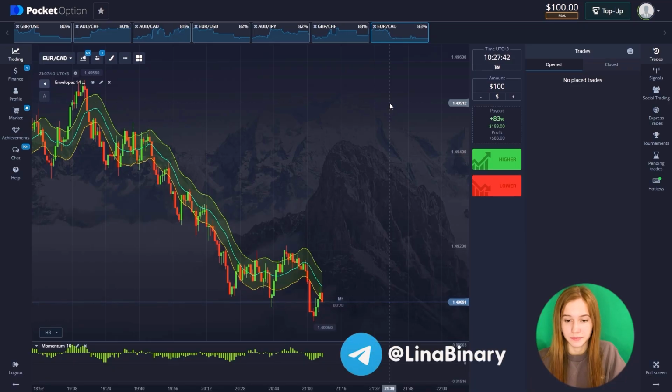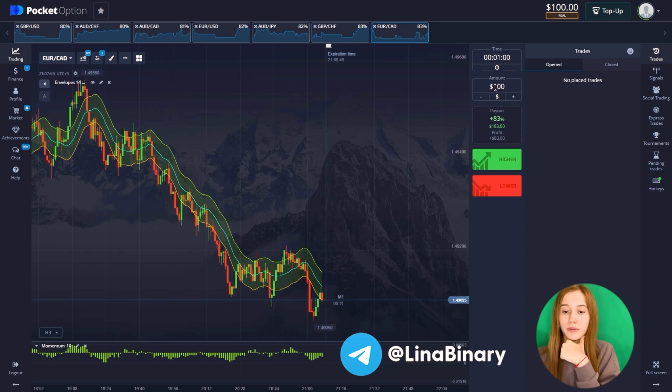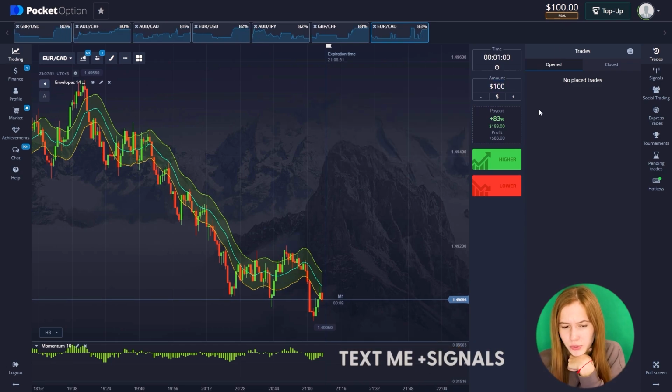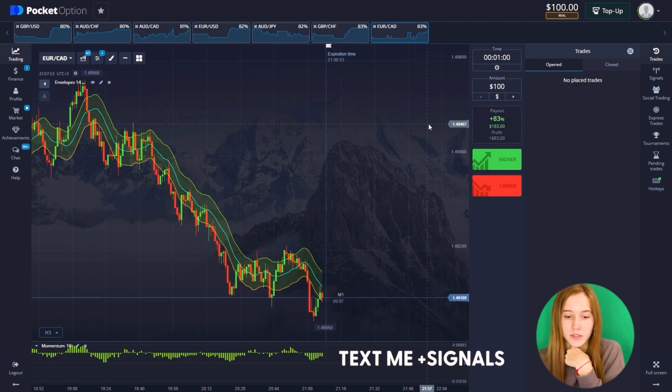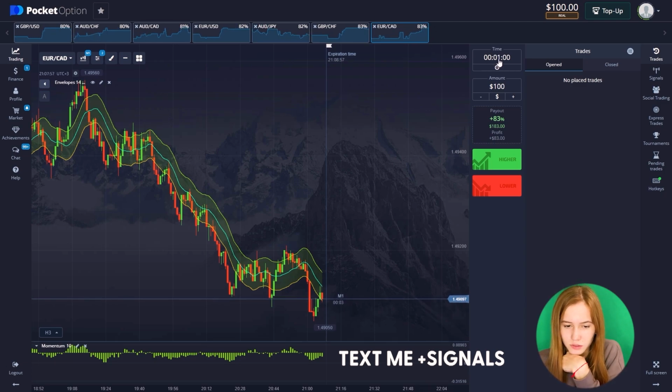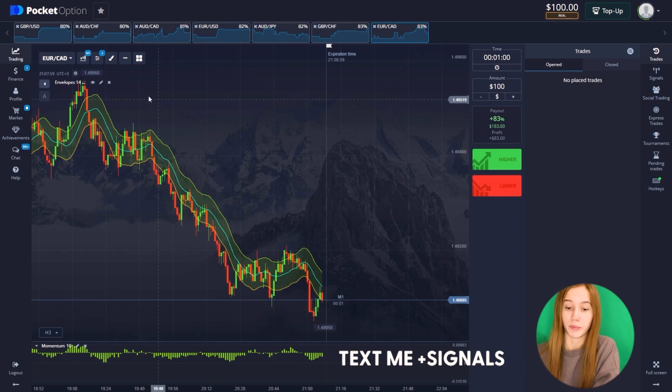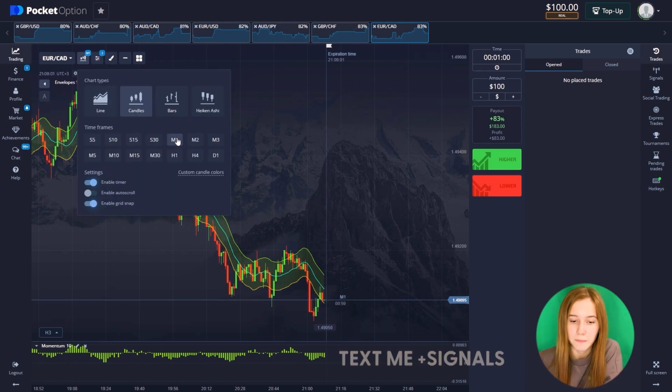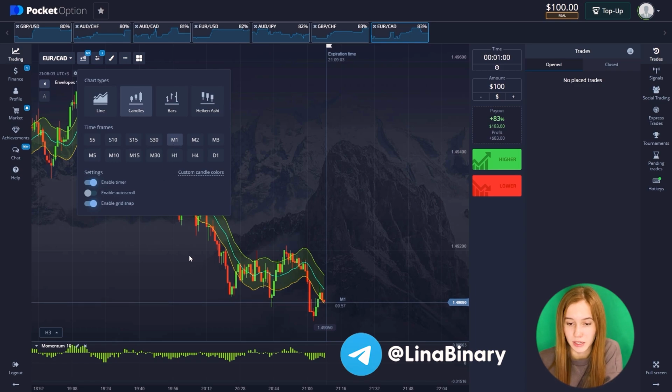So let's start. We set up our workspace. The first is our amount, $100. You'll see the amounts will be 1 minute as usual, 1 minute time frame on our chart.